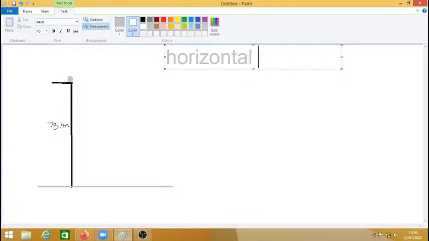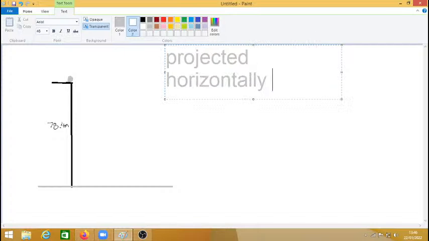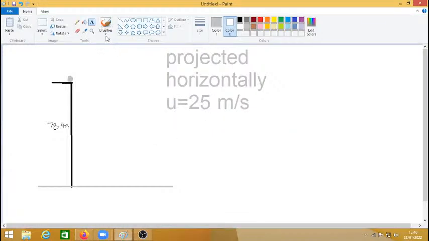Notice that's the horizontal velocity. Let's draw that in using a vector.